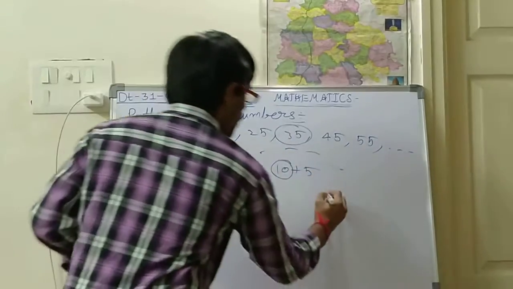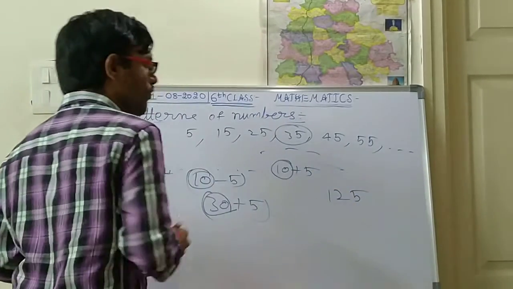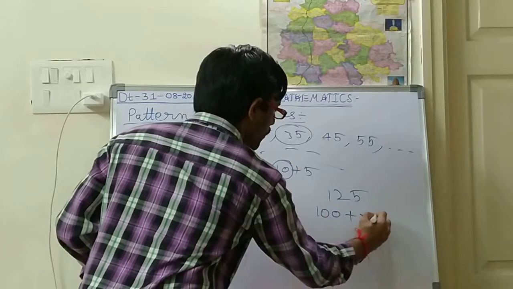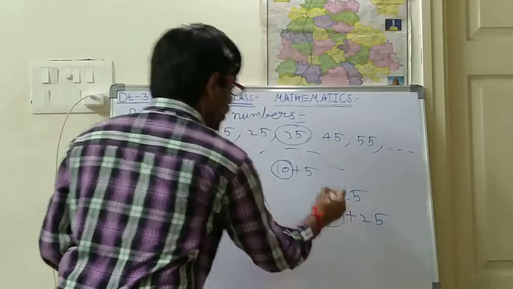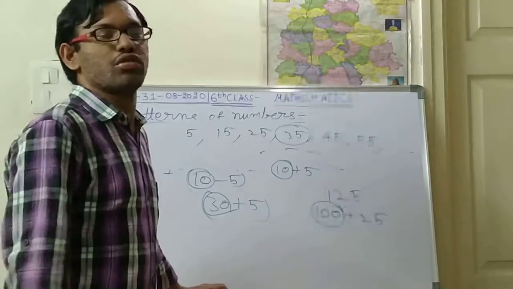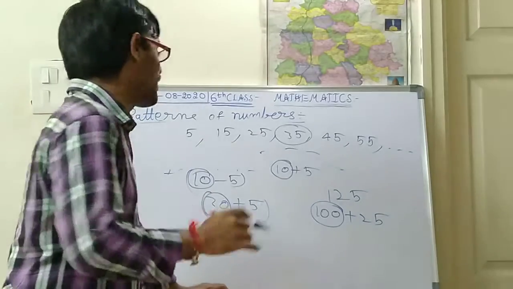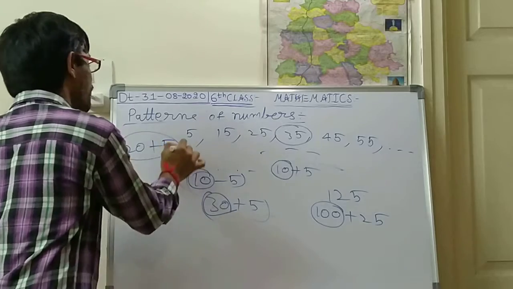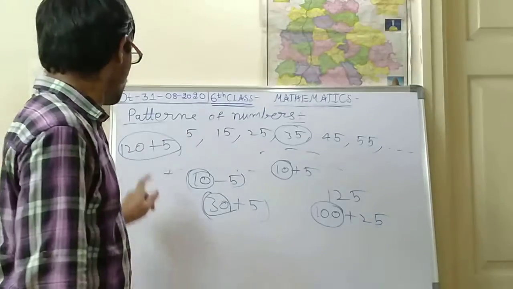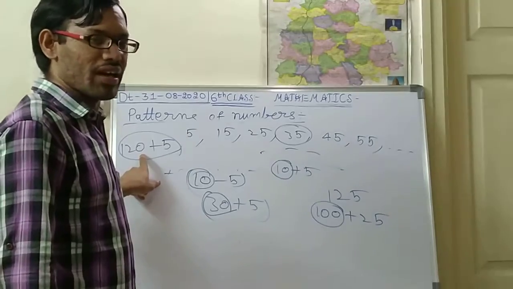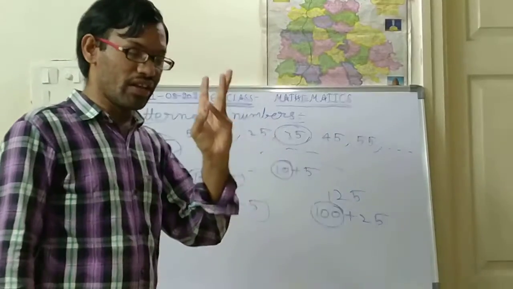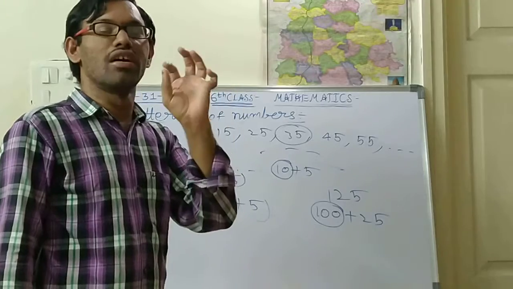Suppose 125. How will you take it? 100 plus 25. Here only tens or hundreds should be there. Some members will take 120. Sir, can we take 125 plus 5? This can't be correct, because we need either tens, hundreds, thousands or 10,000.